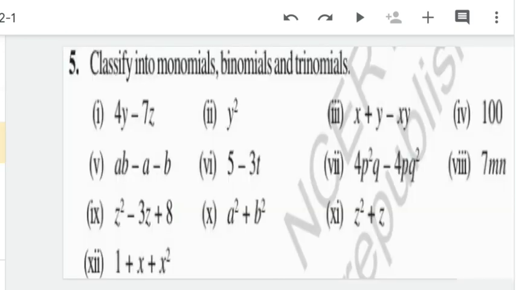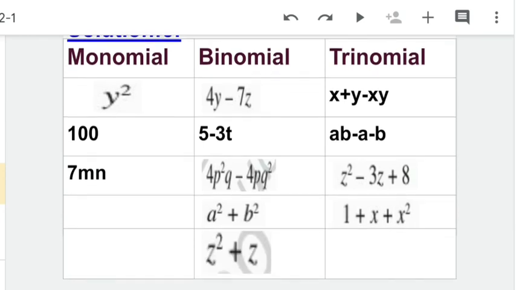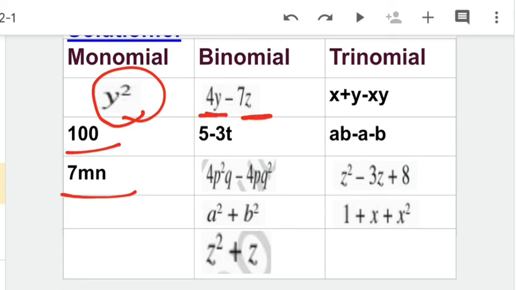Now the next question, which is question number 5, is based on classifying monomial, binomial and trinomial. So let's do it. Monomial means where we have only one term. You can see the examples of monomials. And binomial, where we have two terms, you can see here, and these two should be unlike terms.